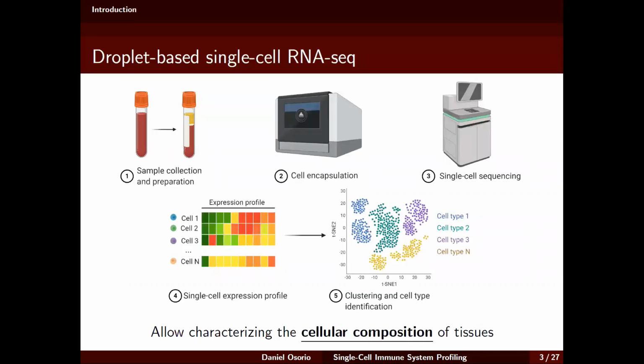So in a traditional droplet-based single-cell RNA-seq, the experiment starts with the sample collection and preparation, in this case blood, and then the cells are encapsulated into a drop of oil using the 10x Chromium system.